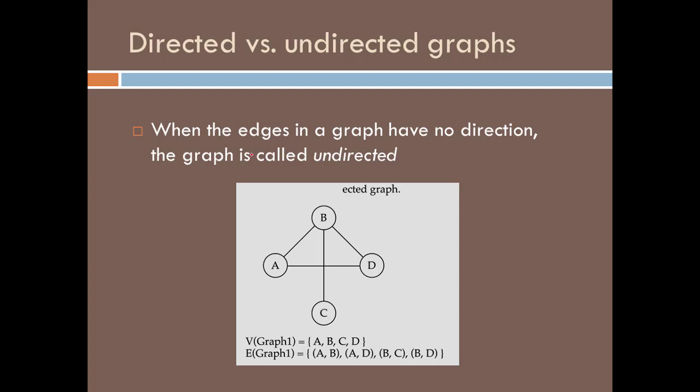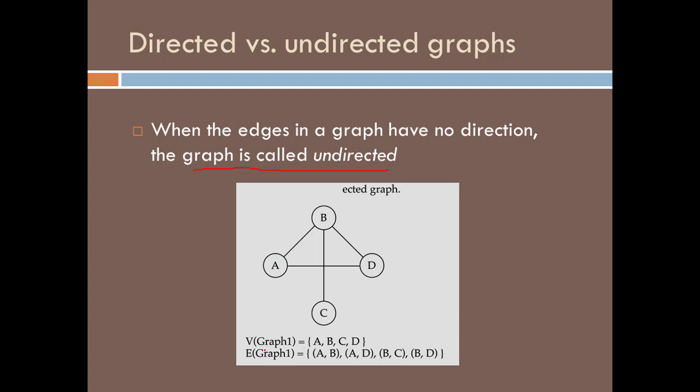When the edges in a graph have no direction, the graph is called an undirected graph. For example, in this particular graph we have four nodes A, B, C, D, and there are different edges connecting those nodes.